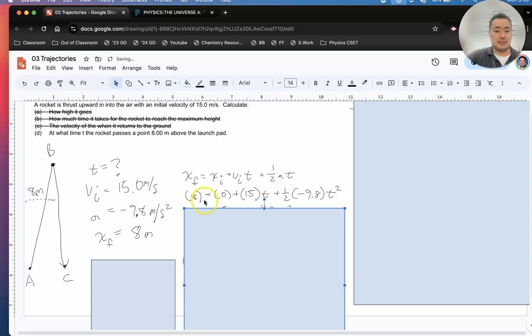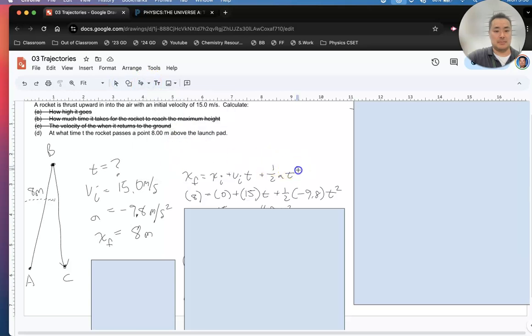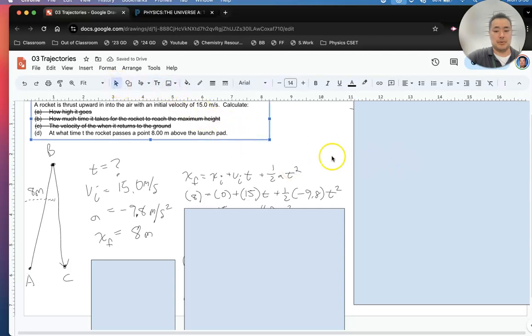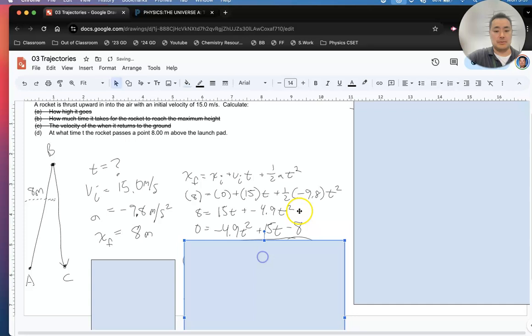So 8 equals 0 plus 15 times t plus 1/2 times negative 9.8 times t squared. So this should have an exponent here. Simplify. Make it equal to 0.